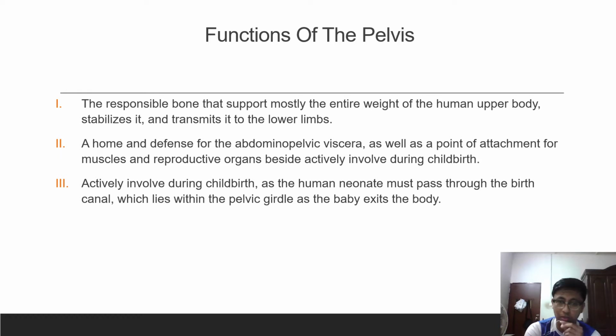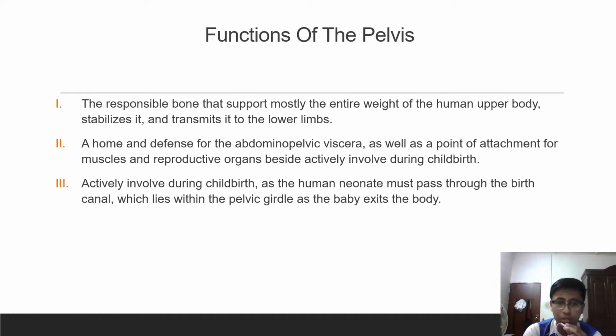Next, we will talk about the functions of the pelvis. There are three functions of the pelvis. First of all, it is the responsible bone that supports mostly the entire weight of the human upper body, stabilizes it, and transmits it to the lower limbs.